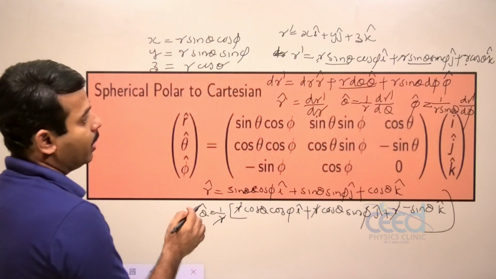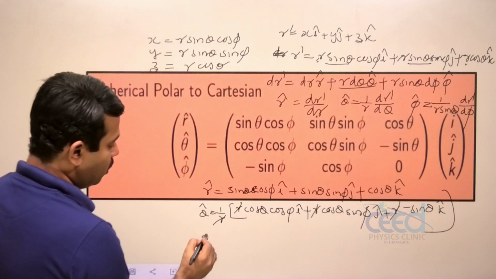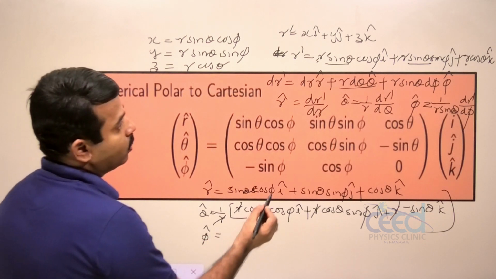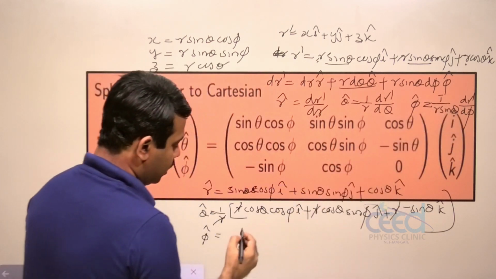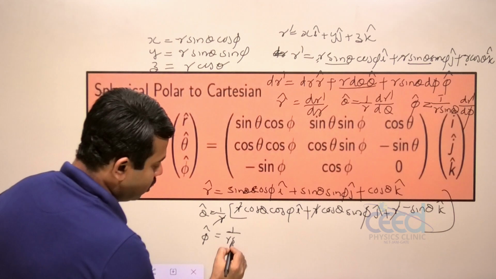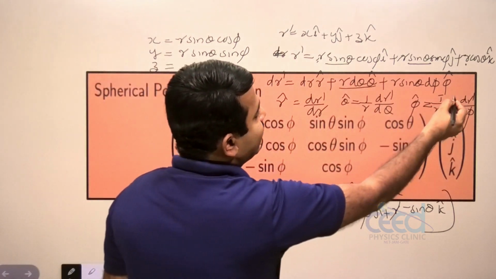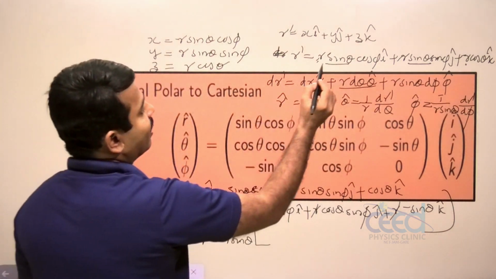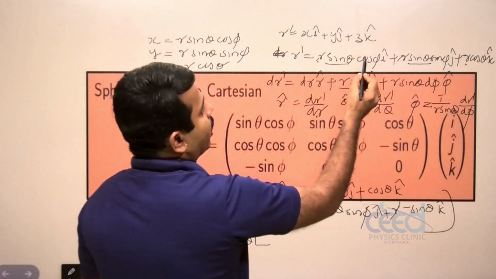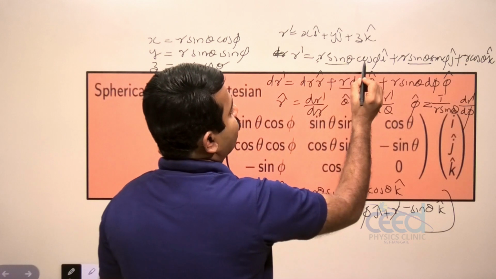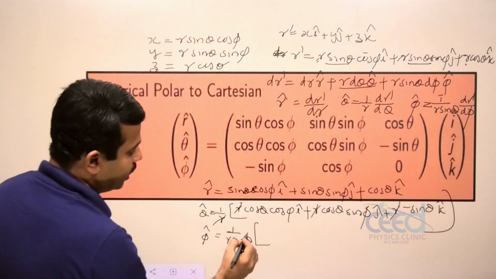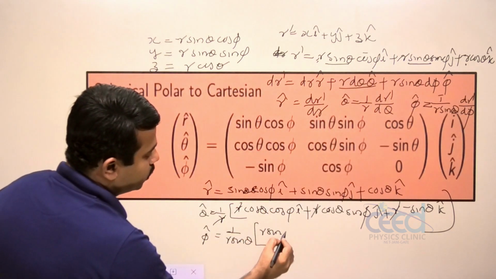Now what is finally remaining? Phi cap. Phi cap is equal to 1 by r sin theta, which I can keep outside. Now dr dash by d phi: differentiating with respect to phi, cos phi becomes minus sin phi, and r sin theta has no change.